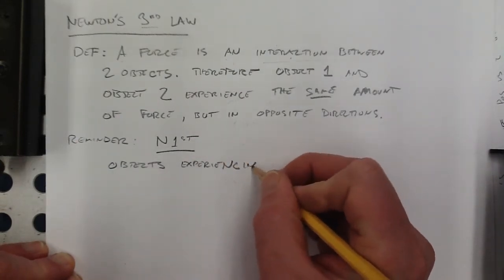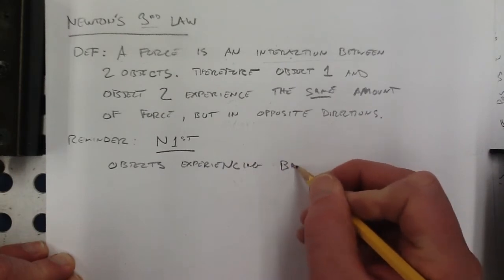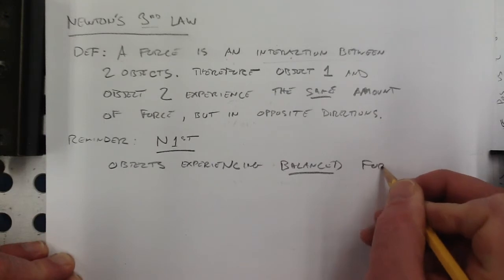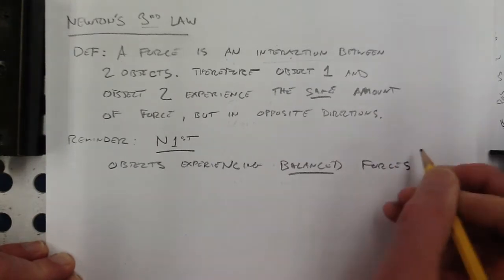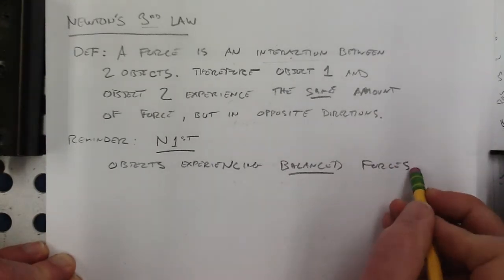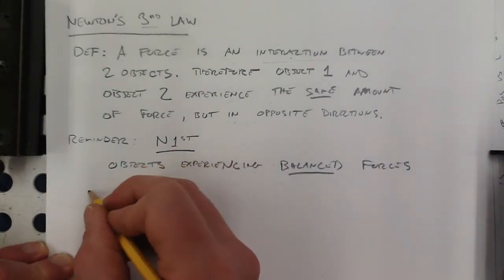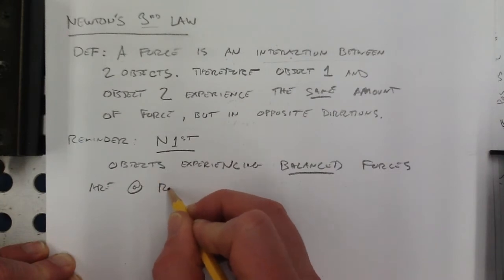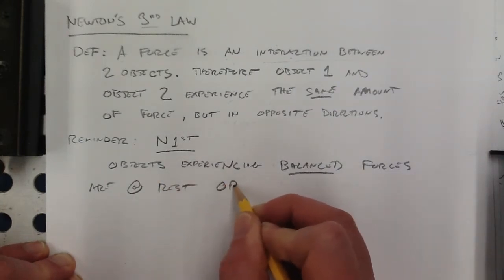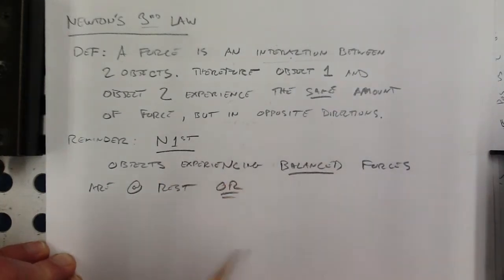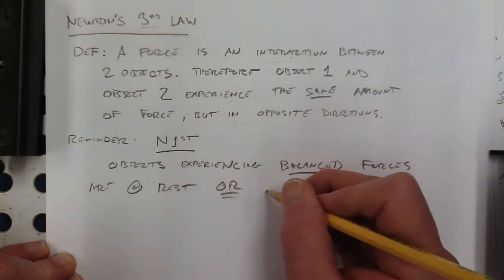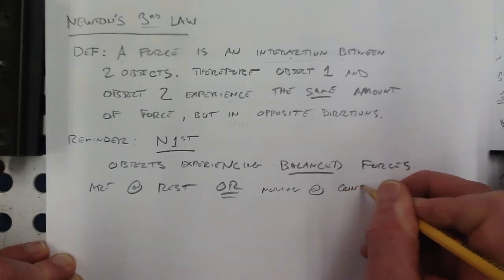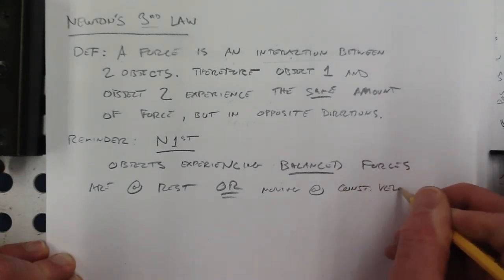Objects experiencing balanced forces are at rest, or, and this is the tricky thing to understand about this one, or moving at a constant velocity.